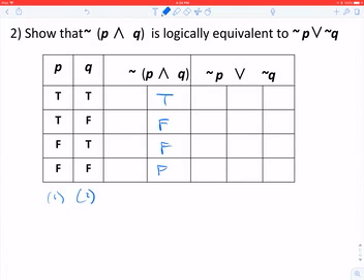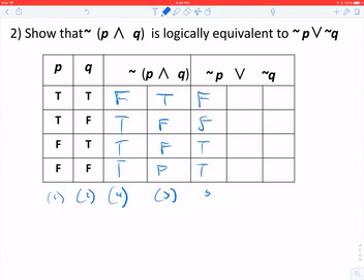So then if we negate that, that's going to become false, true, true, true, right? This was column 3, this was column 4. So now if we do the not P first, we get false, false, true, true. This is column 5. Not Q is going to be false, true, false, true. This is column 6. So then or means at least one is true.